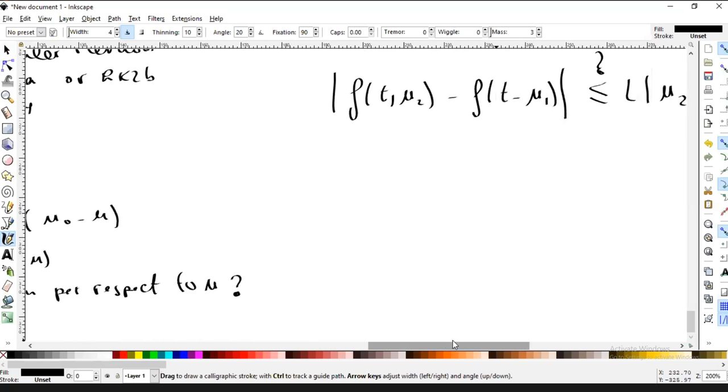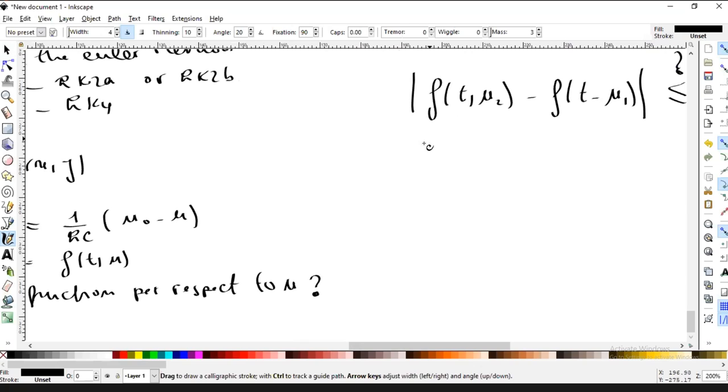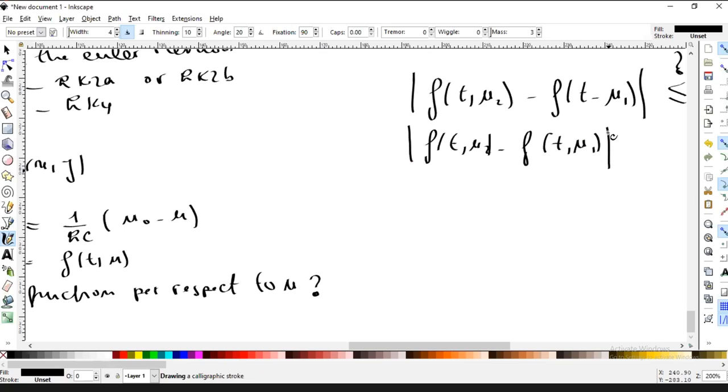If you take f of t, u2 minus f of t, u1, what I get is 1 over RC times u1 minus u2, or u2 minus u1, it's the same thing.